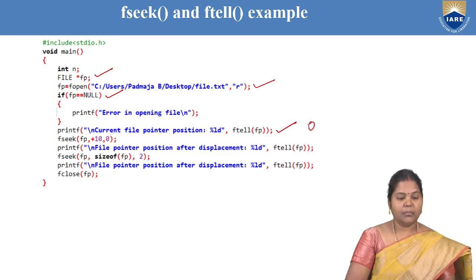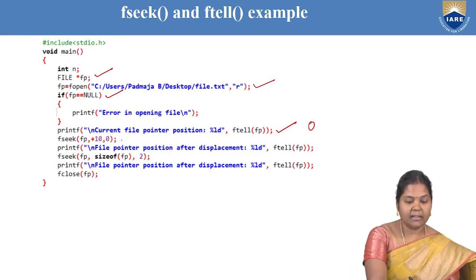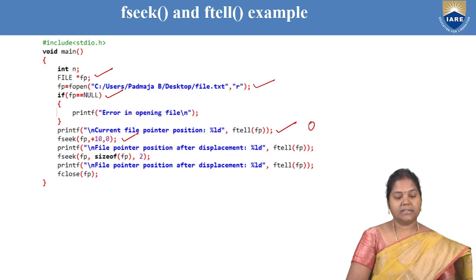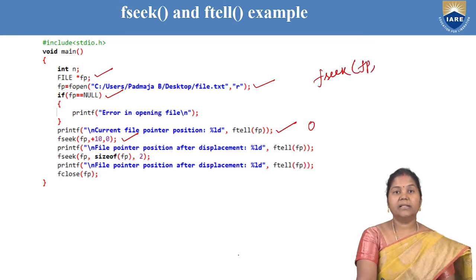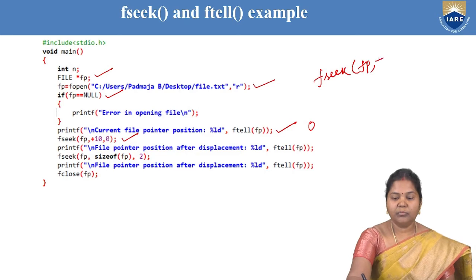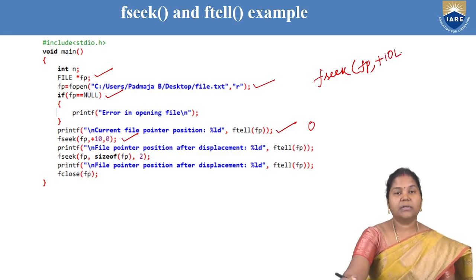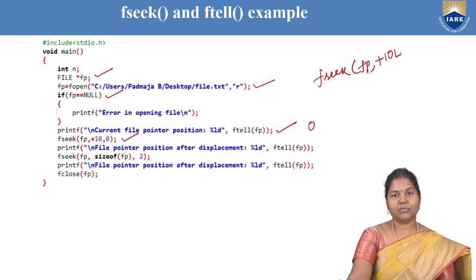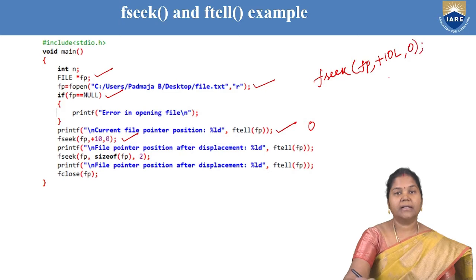Now, I want to move my file pointer to the 10th character, which is a forward direction. I can do that by writing fseek of fp. fp is positioned at the 0th character. Now to move forward, I write a positive displacement, and as it is a long integer, you can write plus 10L, and for the origin you can write 0.